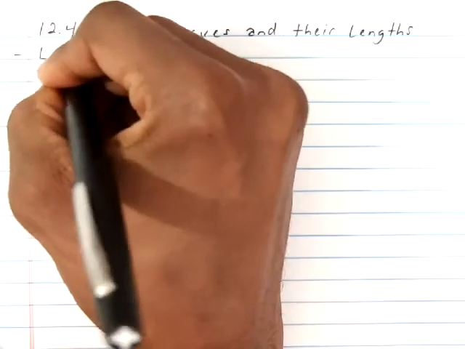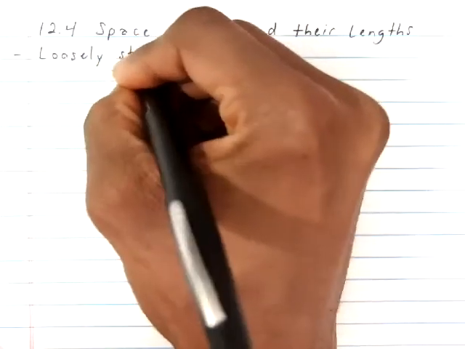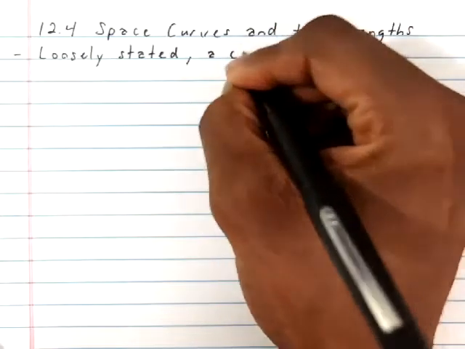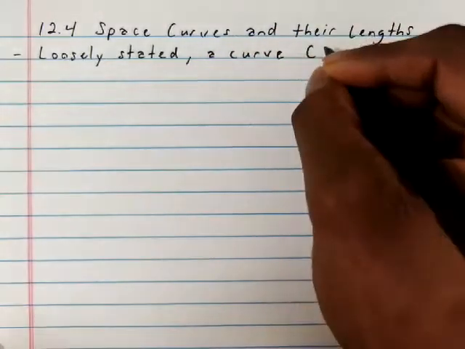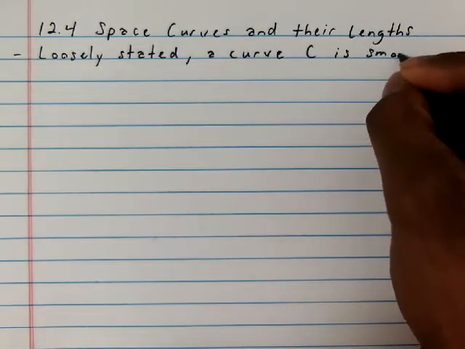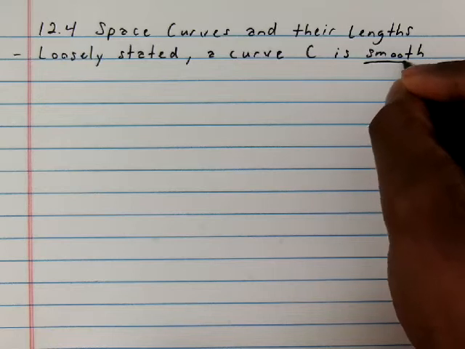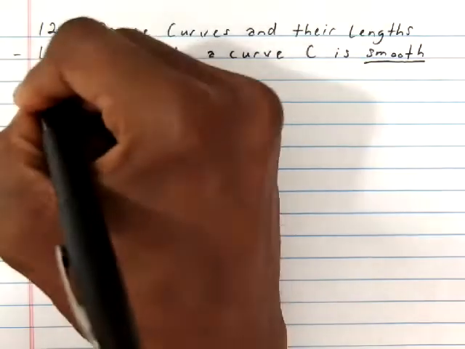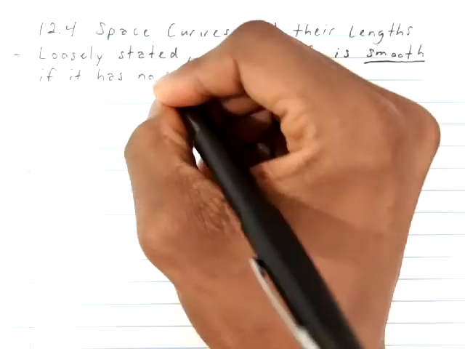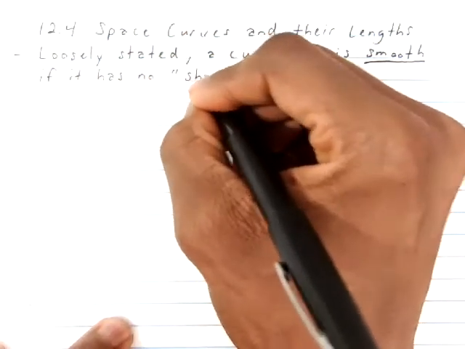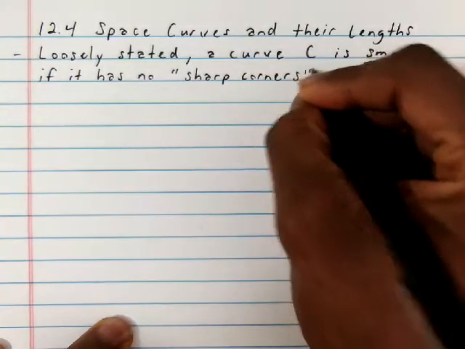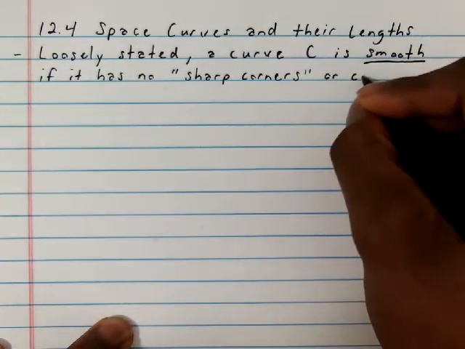Loosely stated, a curve C is smooth if it has no quote-unquote sharp corners or cusps.